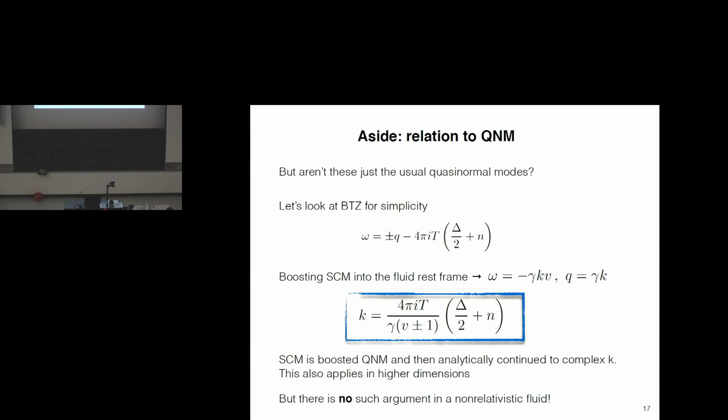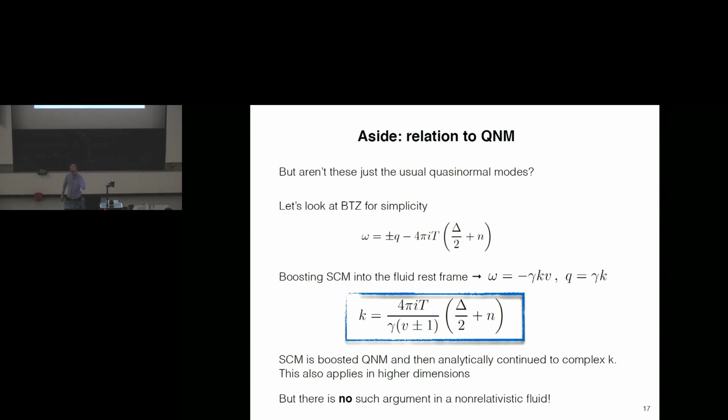If you think a little bit about this, it means this boost has to be applied, so you're supposed to plug this frequency and this momentum into this quasi-normal mode, and then solve for the complex momentum that follows from this equation. And what you get is the exact analytical SCM spectrum of the BTZ black hole.